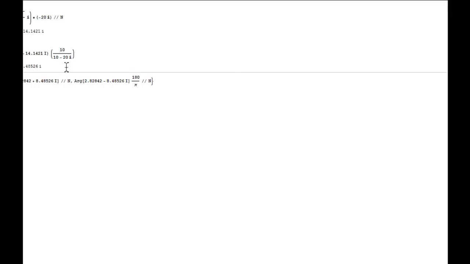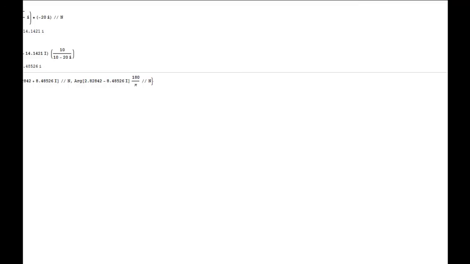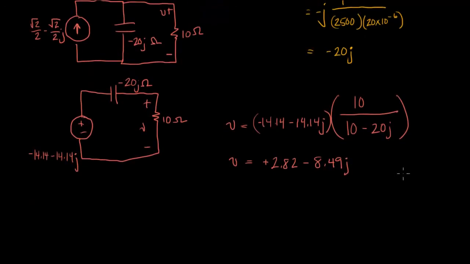So I have V equals... oops, let me just check that again. I'm sorry, 2.82 minus 8.49. Now, it's important to remember that this is in complex form. Remember how we converted from the time domain to the frequency domain.